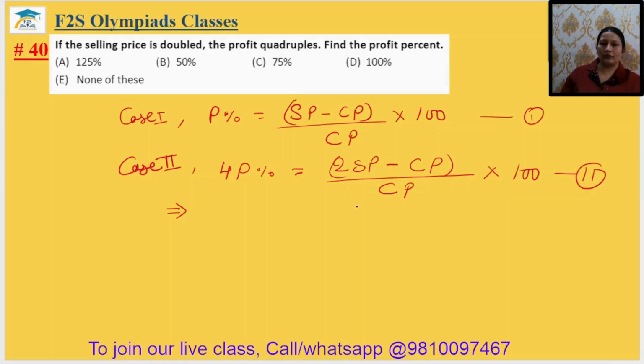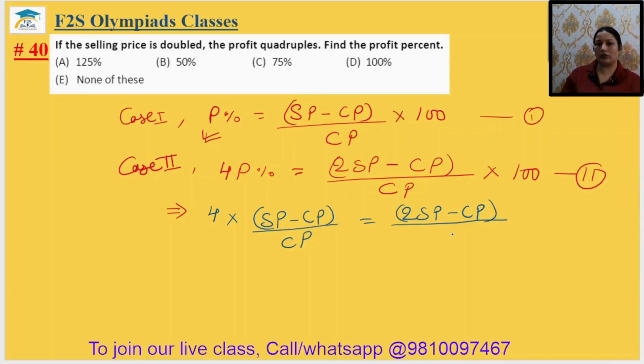After dividing, or just putting this value here, this P's value here, I am putting it here. So 4 into SP minus CP upon CP equals 2SP minus CP upon CP into 100. I forgot to write the 100, I am writing it again. 100 cancels, CP cancels.